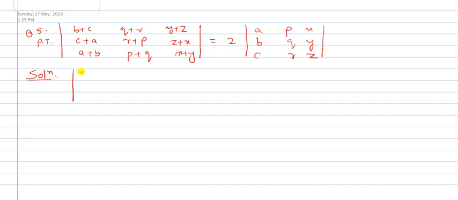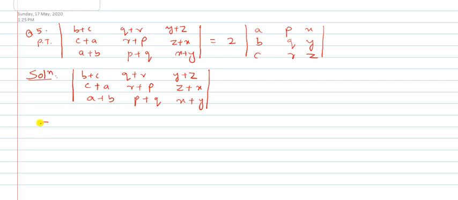This is B plus C, this is Q plus R, and this is Y plus Z, and this is C plus A, this is R plus P, and this is Z plus X, and this is A plus B, this one is P plus Q, and this is X plus Y. Okay, now what I will do is, first you can see B is in first column B plus C, and B is occurring twice, A is also occurring 2 times, and C is also occurring 2 times.